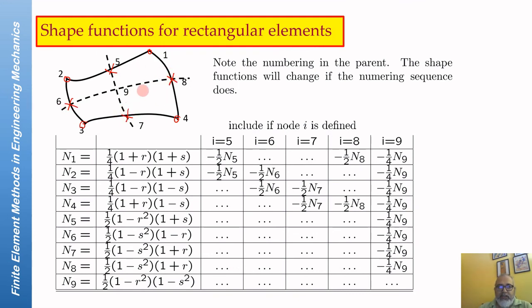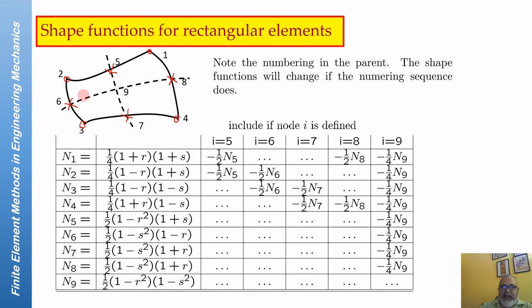If you don't have mid-side nodes, then 5, 6, 7, 8 are not there. So you don't need to worry about these terms, and you don't need to worry about these terms as well. So you will only have 1, 2, 3, 4, which are the ones that we have already seen, in which case these edges are straight edges.